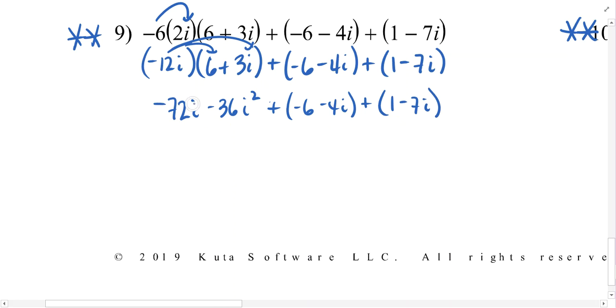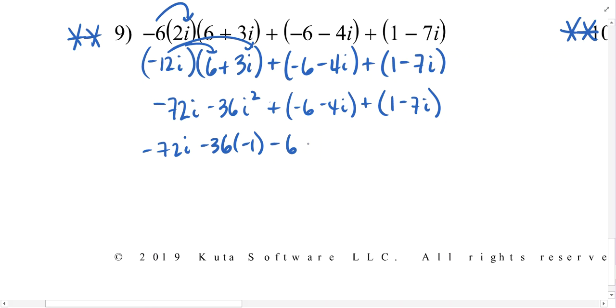But now that we don't have any more distributions to make, no more foiling or anything like that, I'll go ahead and change this i squared to negative 1, and I'll clear these parentheses. So negative 72i minus 36 times negative 1 plus negative 6 plus negative 4i.